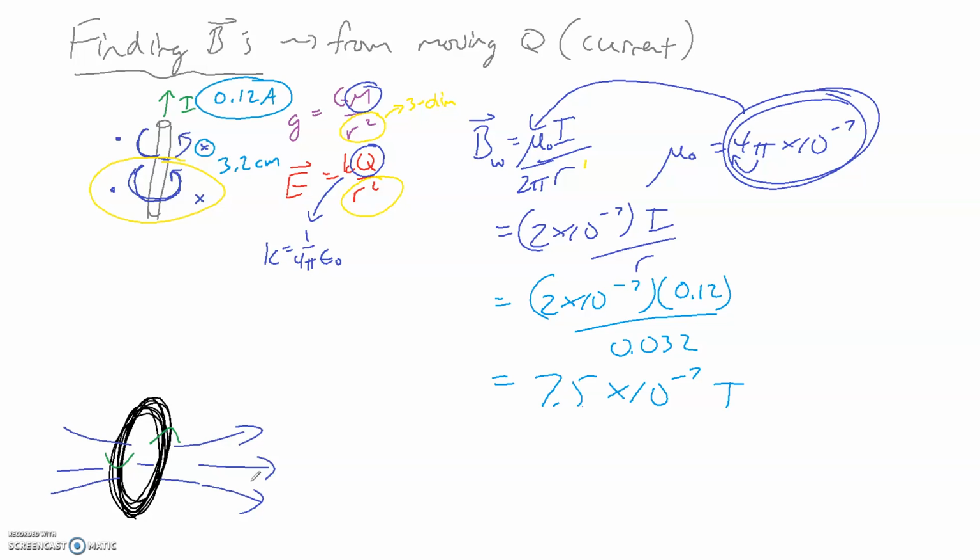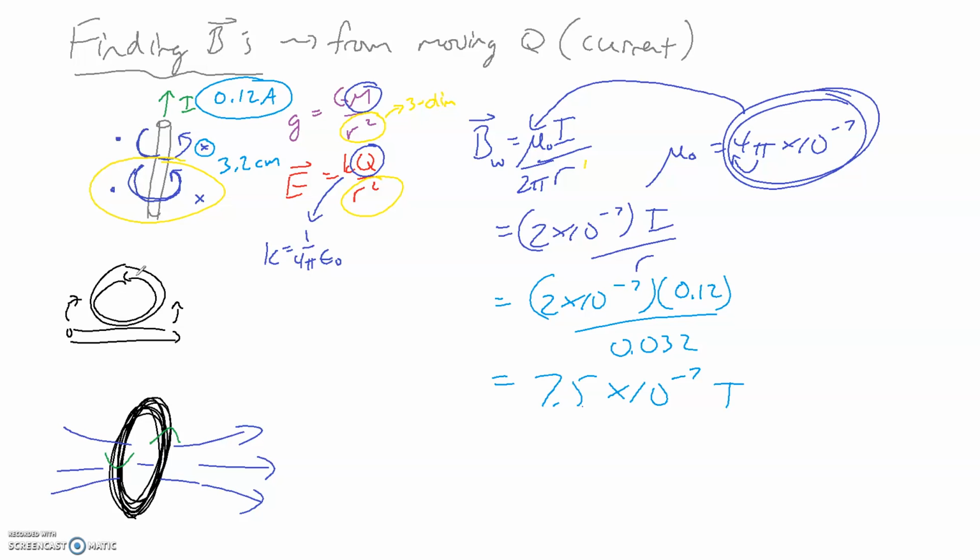Now really, this is just a modification of a wire making a magnetic field. There's no real difference. It's just a modification of the formula. I mean, this coil is literally just a straight wire wrapped round and round. When you take some regular wire and bend it to make a loop, it's just a modification of the wire.